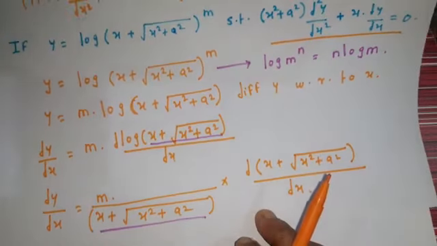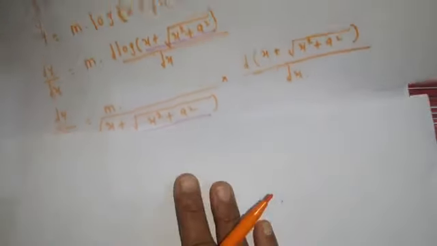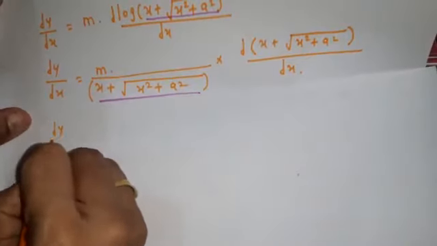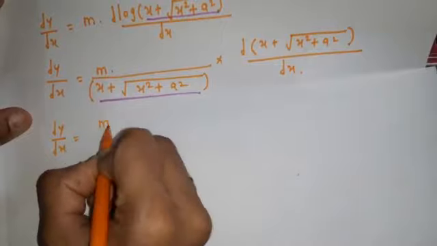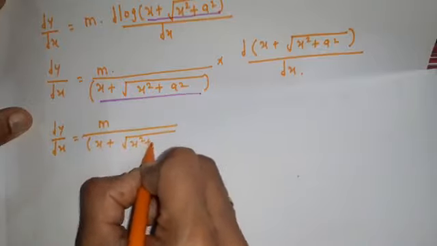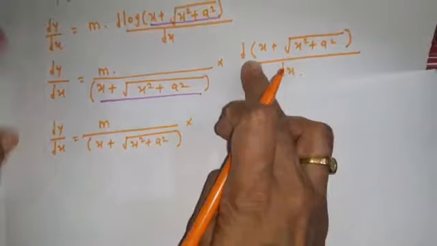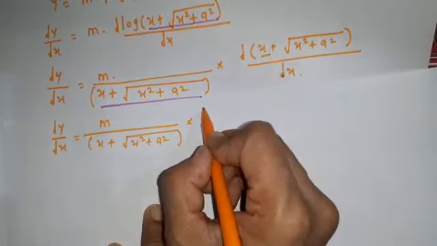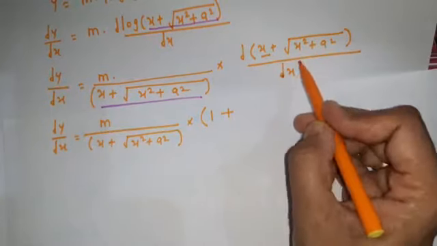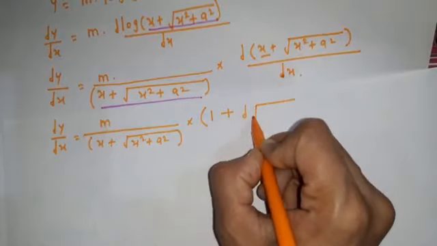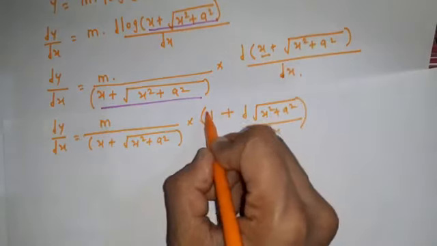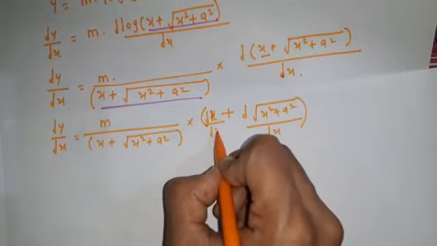Okay, and now this is equal to dy by dx equal to m upon (x plus square root of x square plus a square) into differentiation of x with respect to x, and that is equal to 1, plus differentiation of square root of x square plus a square with respect to x.